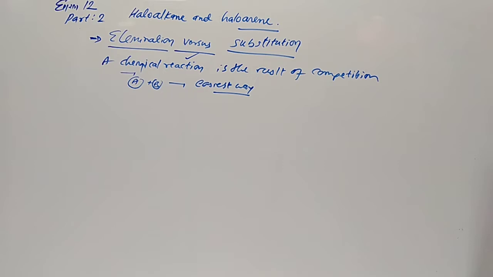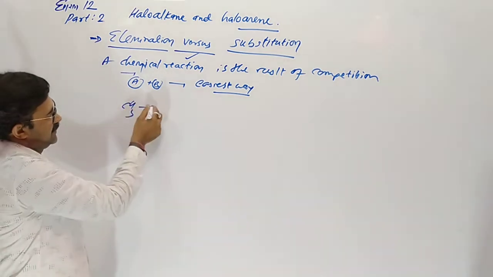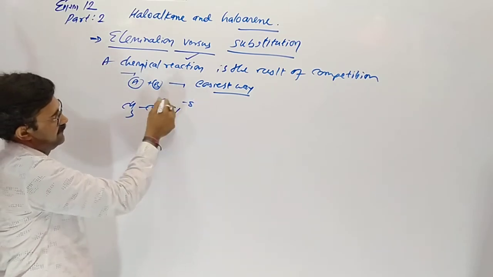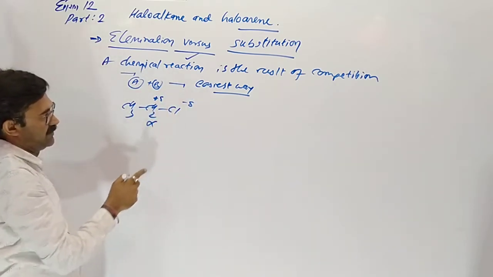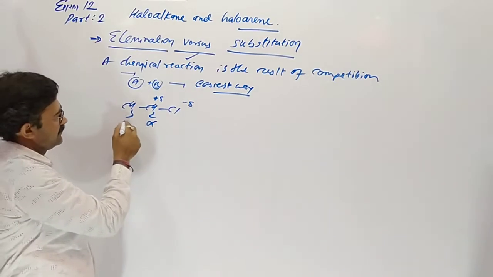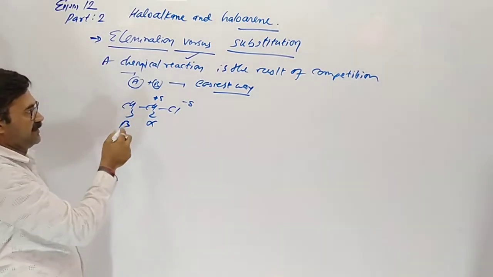An alkyl halide with alpha hydrogen atoms. The carbon containing the halide is alpha, everybody knows. The neighbor of it is the beta carbon.